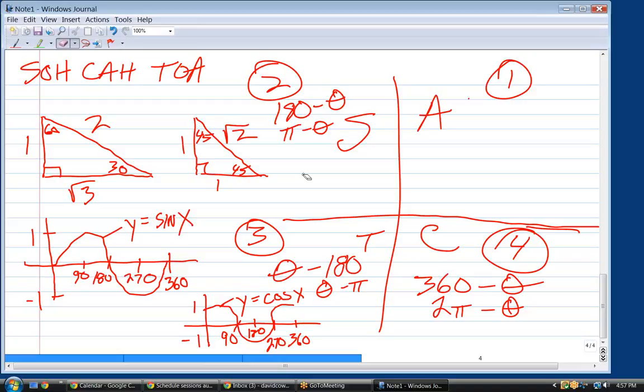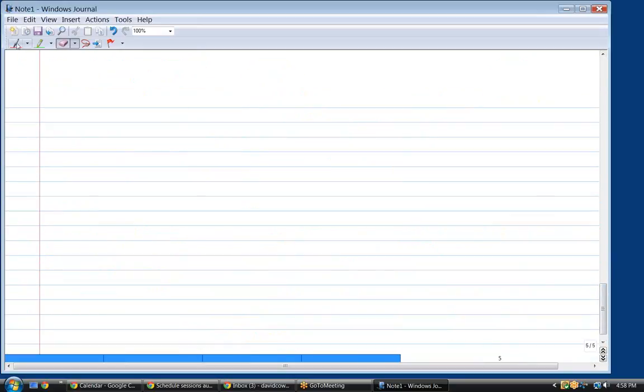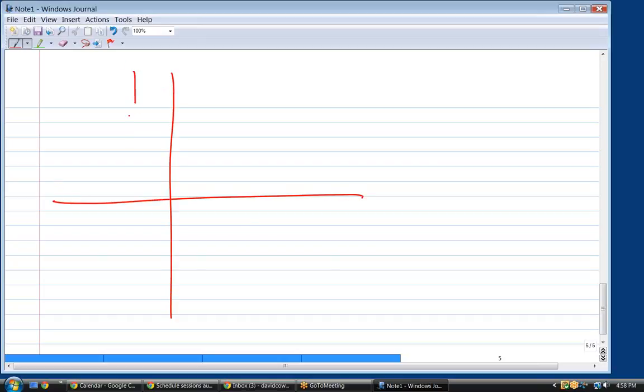Let's see. We've only got a few minutes more here. What else should I address here? There's one other graph that's not a bad idea to memorize, not as important as sine and cosine, but still relatively important.